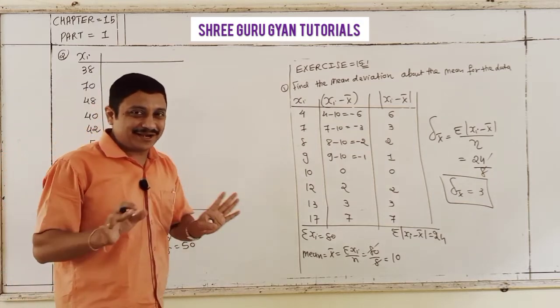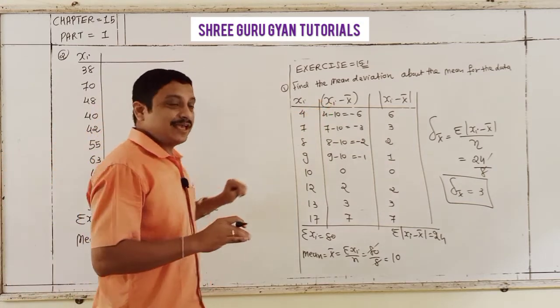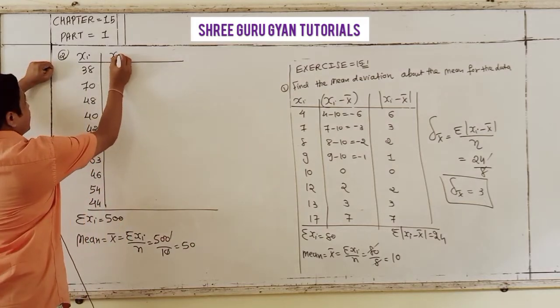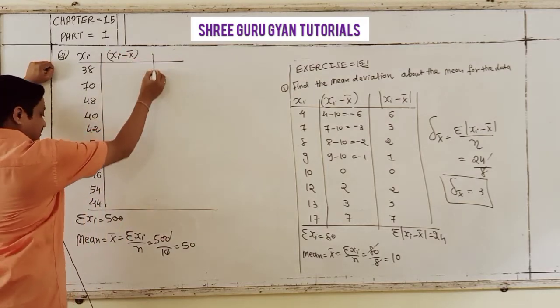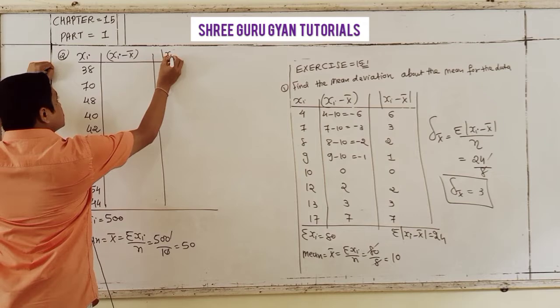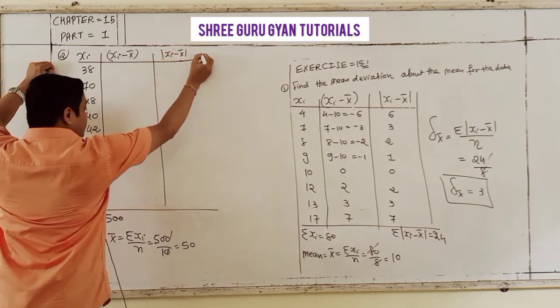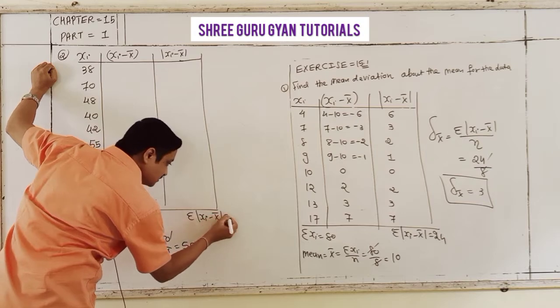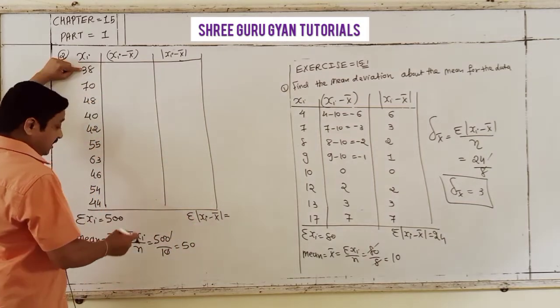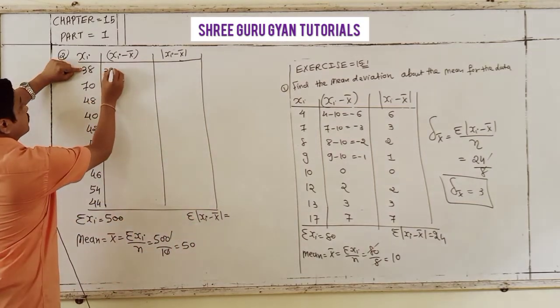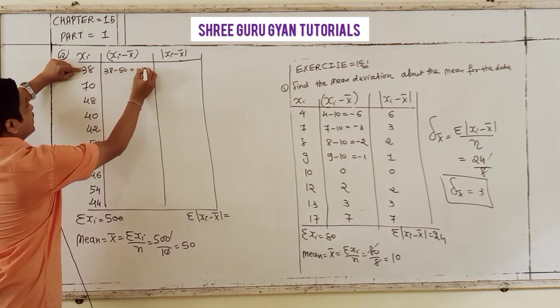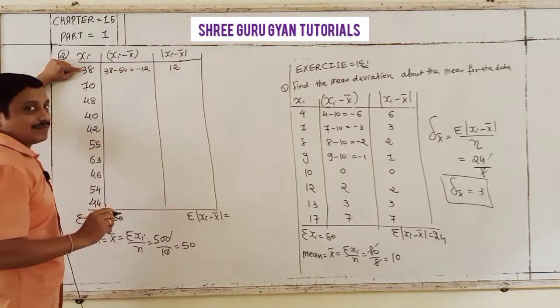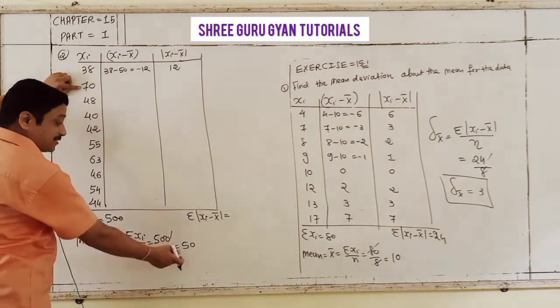It means the mean is ready. Now I will start the same table, xi minus x bar, and secondly the modulus |xi minus x bar| and the sigma |xi minus x bar|. So 38 minus 50, you know very well, students, is minus 12, but I take plus 12. Now 70 minus 50, 20.